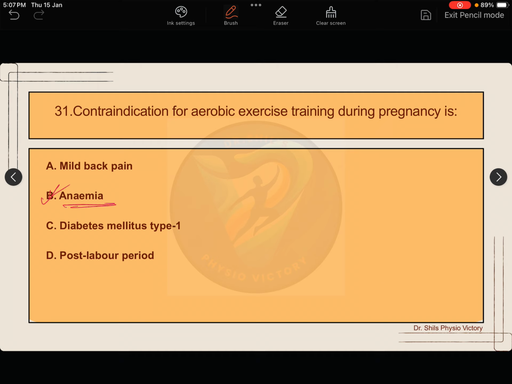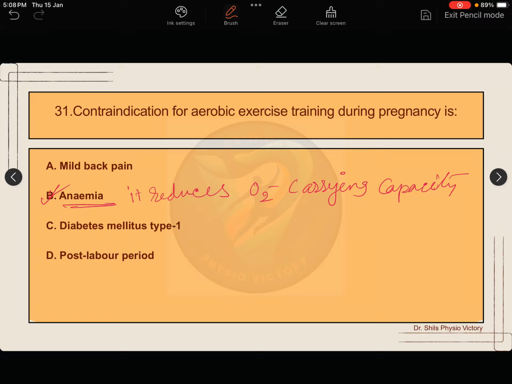Especially if moderate to severe anemia, there is contraindication because it reduces oxygen carrying capacity, which leads to increased cardiac stress during exercise.